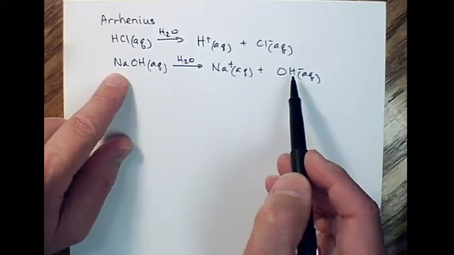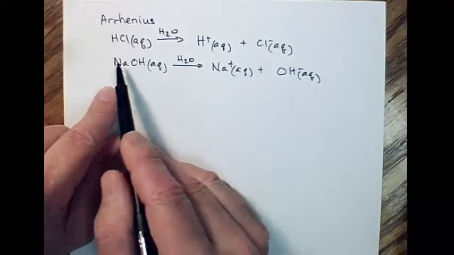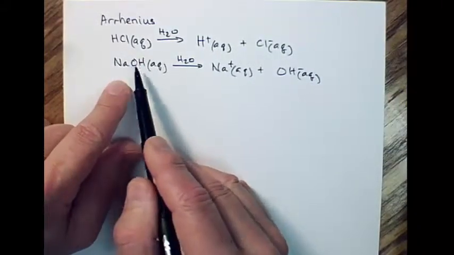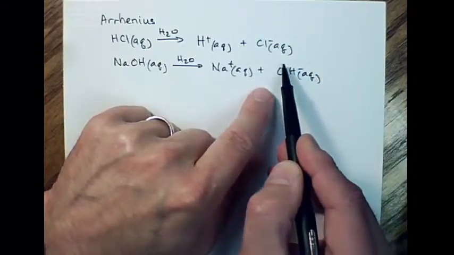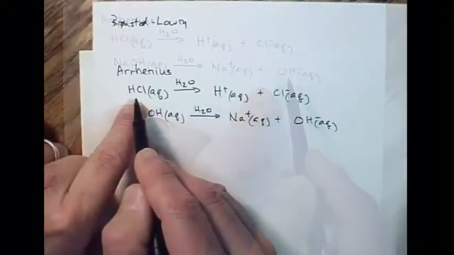So we're really just doing the same thing here. The difference for Arrhenius is that if what's being dissociated or broken up or ionized includes a hydroxide ion in those products, then that's a base.